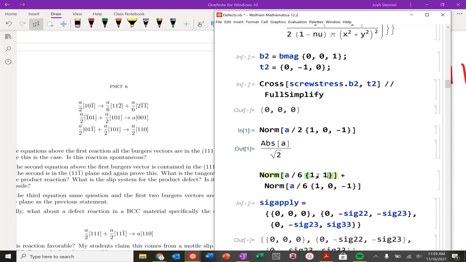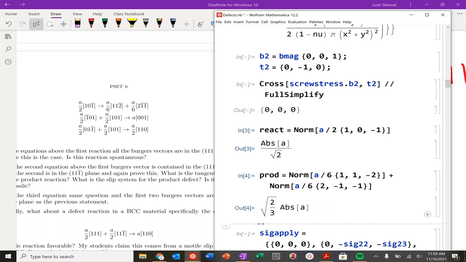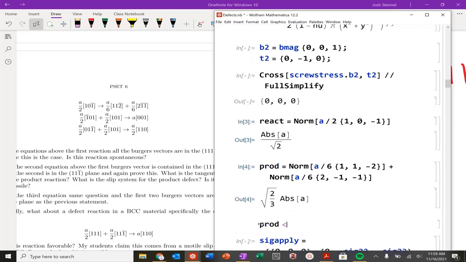We've got 1, 1, minus 2, and we've got 2, minus 1, minus 1. So now we could set the equation: this is my reactants, react equals this, and prod equals this. So prod less than react.